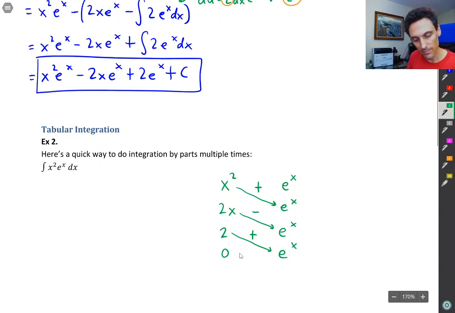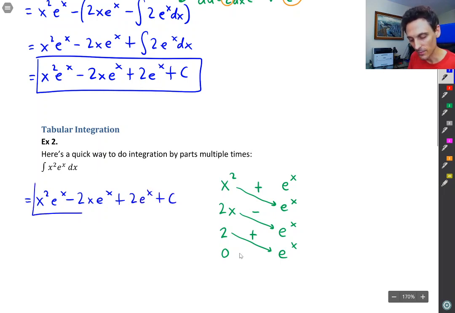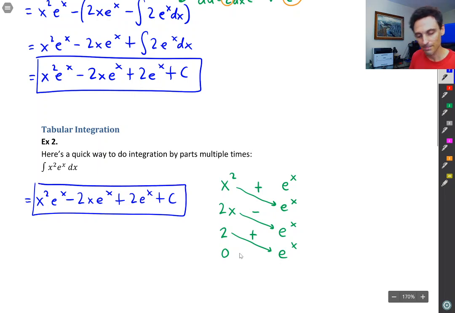We're just going to leave it like that and write out all of the UVs: x squared e to the x, minus, and then the next diagonal we have 2x e to the x. The next diagonal we have 2 e to the x, and then plus c. We don't want to forget about our plus c.